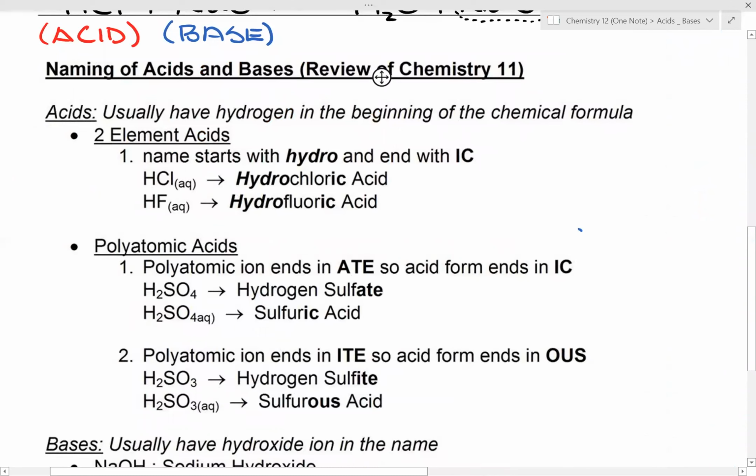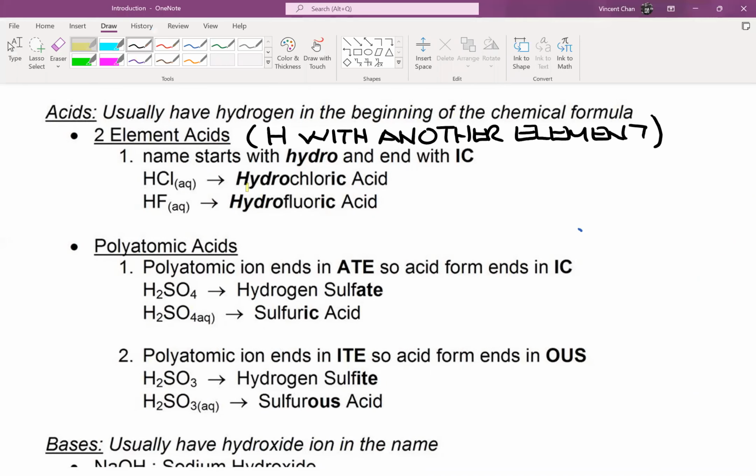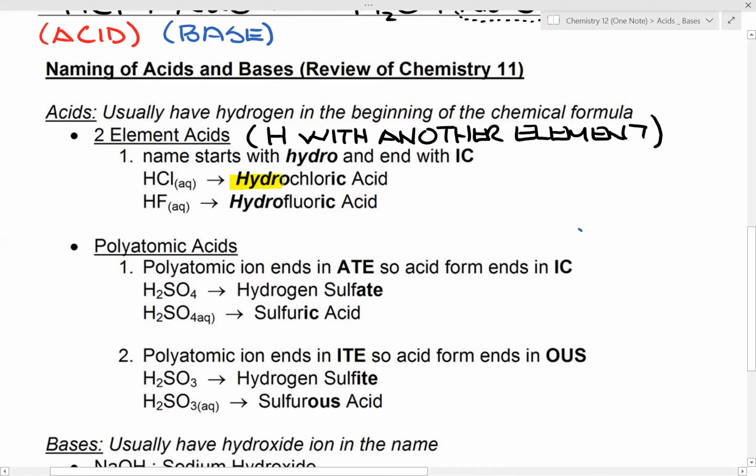Now, again from grade 11, how do we name acids and bases? For a two-element acid, it would be hydrogen with another element. The name would start with hydro and end in ic.